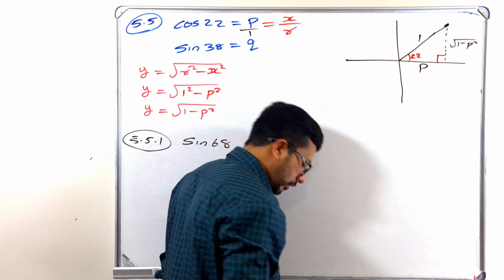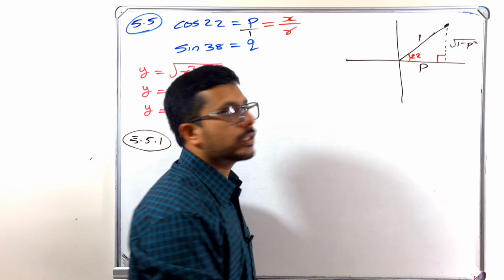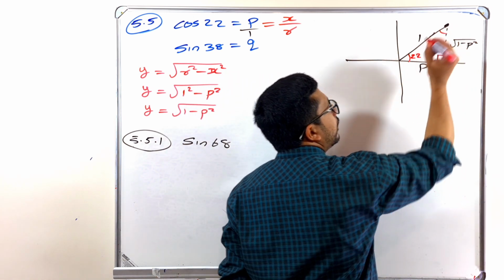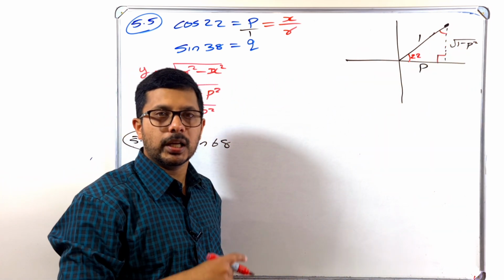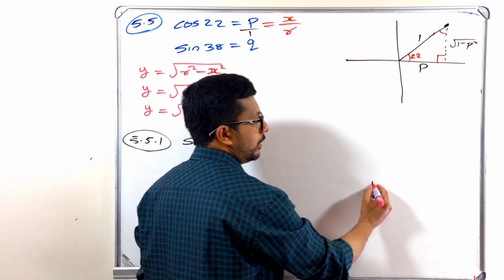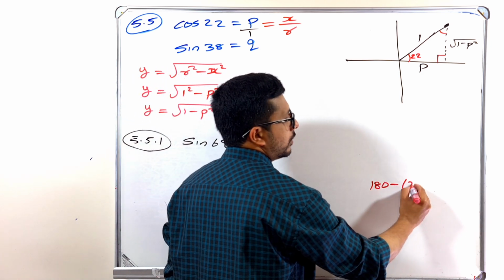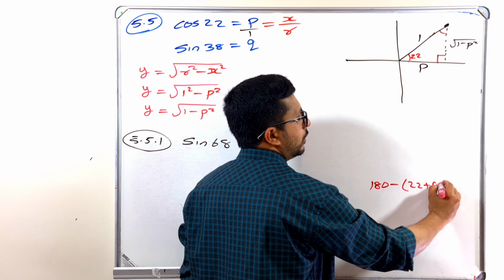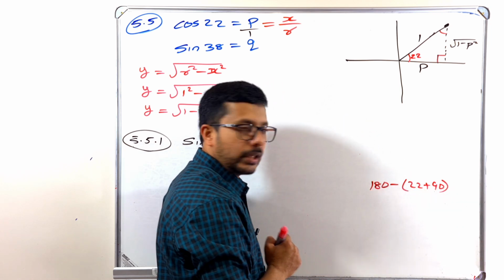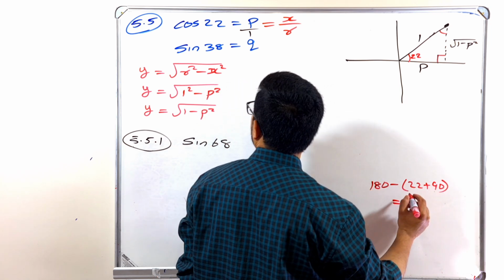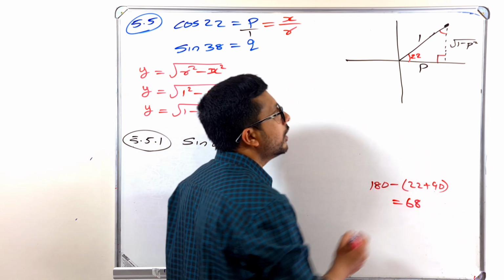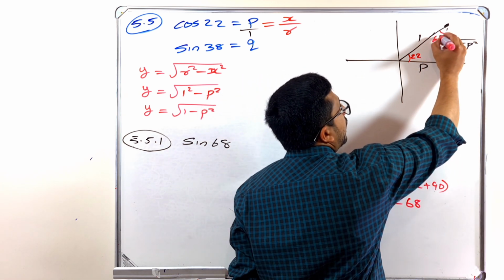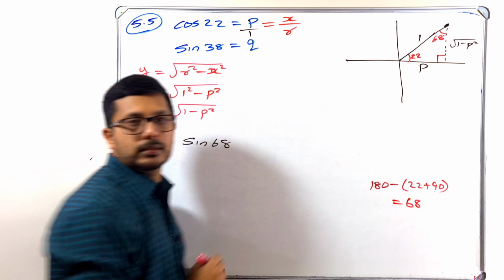This is 90. Isn't it so? What is the remaining? The sum of the angles in a triangle is 180. So that angle is 180 minus 22 plus 90. You can check in your calculator. You will get 68. So it means that this angle is 68.